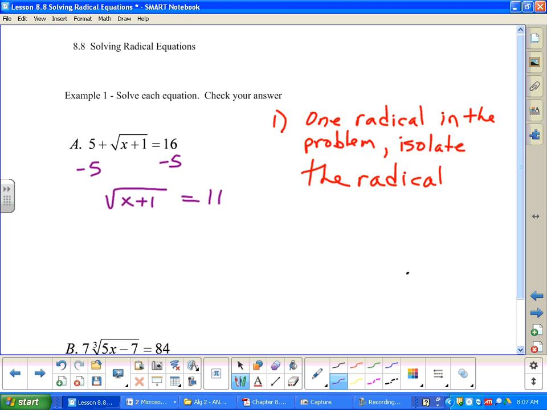Then once I get the radical isolated, then we'll raise both sides to the power of the index.